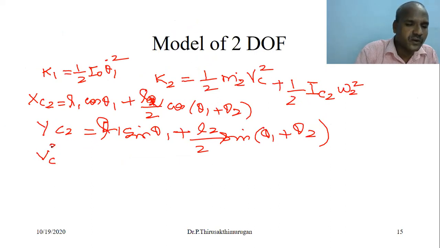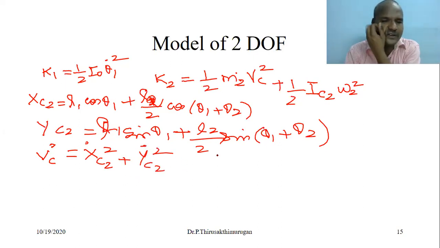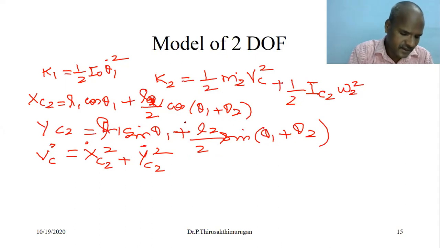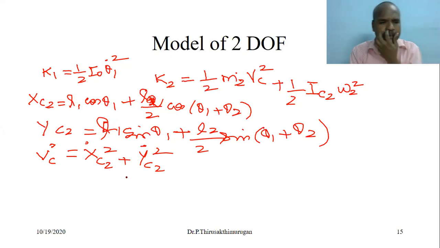VC2 square equal to XC2 dot square plus YC2 dot square. So you differentiate these two relations. Finally, you substitute here. Okay. So please find out and tell me what is XC2 dot.